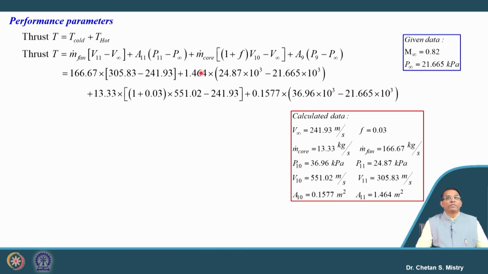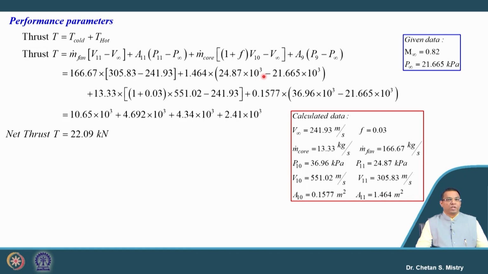So, we have V infinity as 241.93 meter per second, and fuel air ratio is 0.03. If we put in all these numbers, be careful that the pressures need to be put in pascals. The net thrust comes to 22.09 kilonewton.